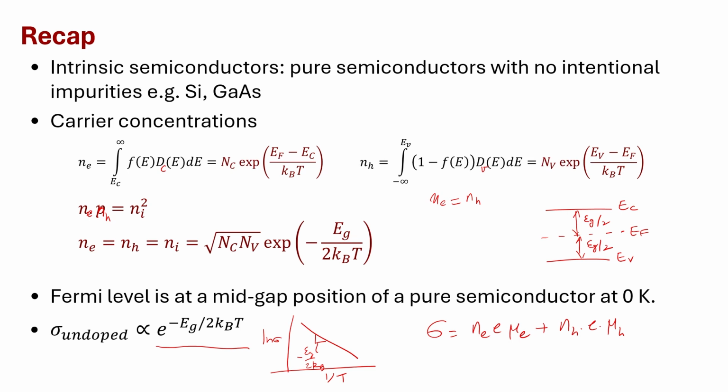But in semiconductors, the increase in conductivity with increasing temperature is primarily governed by the increase in carrier concentration. So both Ne and Nh increase as temperature goes up, which means conductivity also goes up. So these were some main conclusions that we drew in the previous lecture.